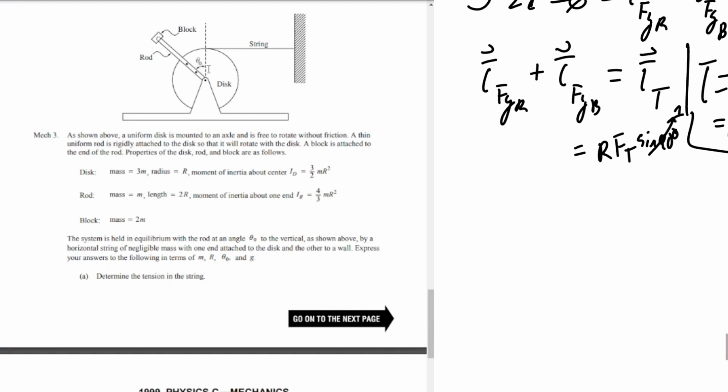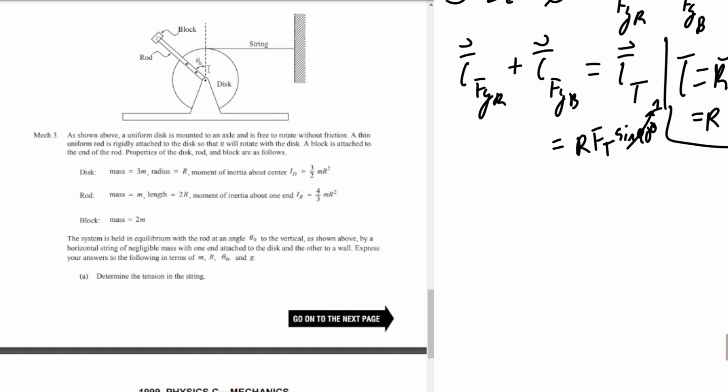Now the torque due to the force of gravity of the block is a little bit harder, because if I visualize this, here's the block and here's theta naught. The force of gravity pulls down like that. So the angle between, which is what we want because we want sine of theta between, is sine of 180 minus theta naught, because this entire thing is 180.